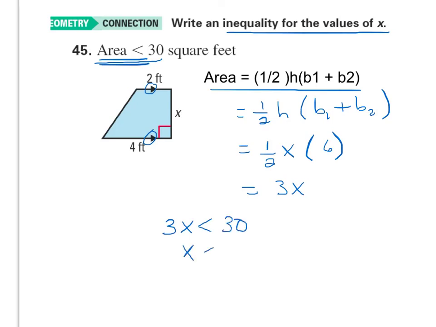Divide both sides by 3, it's positive, so we know that x is less than 10 feet because the x is feet and the 3 is feet, and that's where the 30 square feet comes from. So as long as that height of that trapezoid is less than 10 feet, the area will be less than 30 square feet.